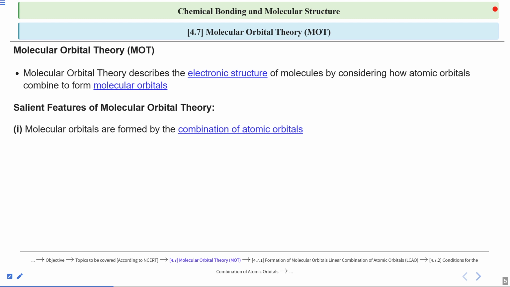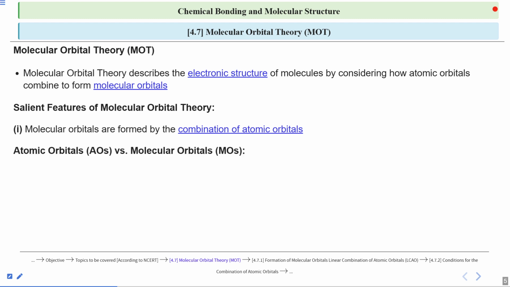In every theory, the valence shell was considered to be the only participating shell in the formation of a bond. But molecular orbital theory took it to a different level and said that not only the valence shell, but the inner core will also be involved in this mixing. And after mixing, we will get a new set of orbitals called molecular orbitals. I hope you got the idea. It's very important to understand this.